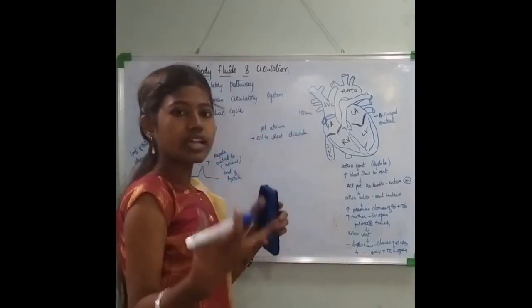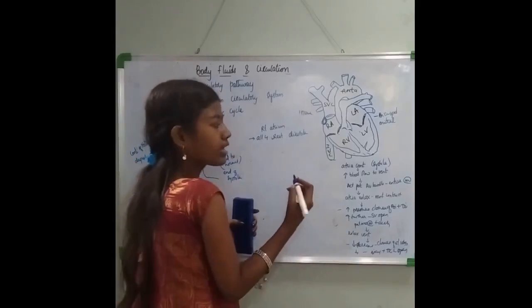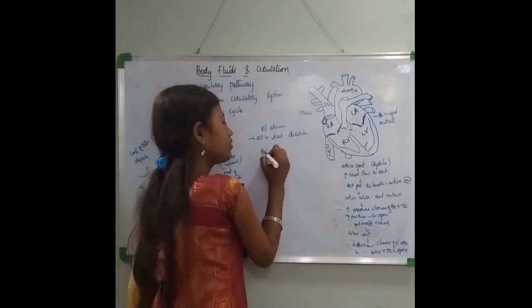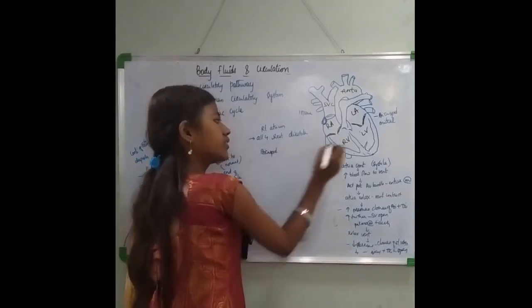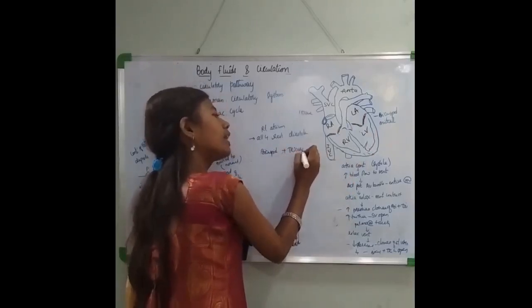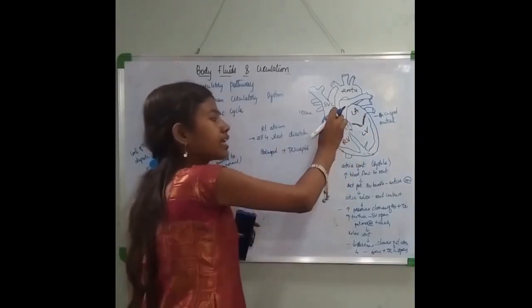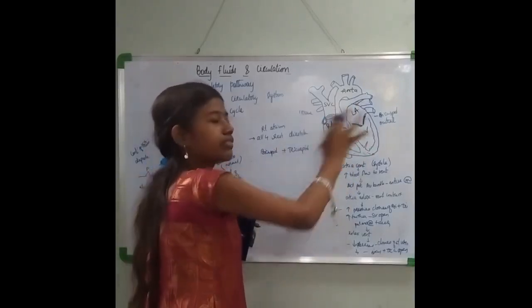Now, once at rest, the valves, the bicuspid and tricuspid valves, open, and the blood flows through these valves from the right atrium to the right ventricle, and from the left atrium to the left ventricle.